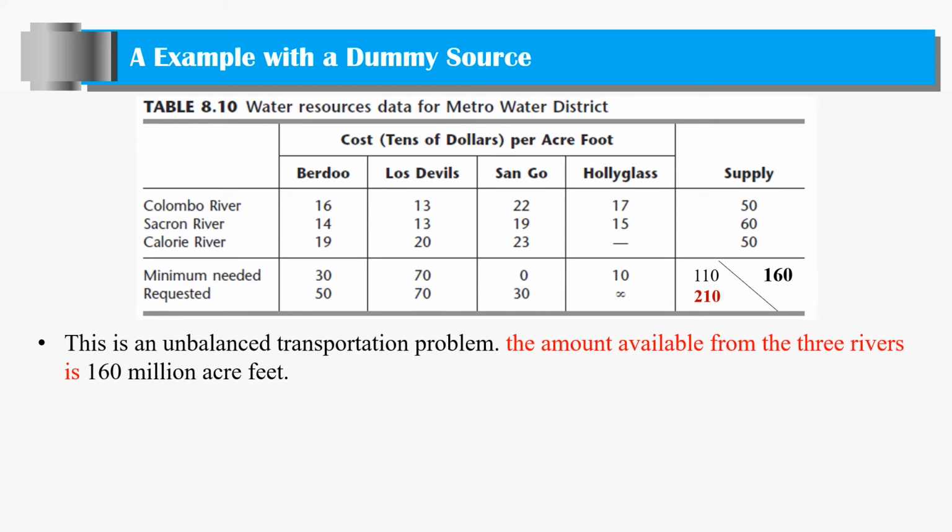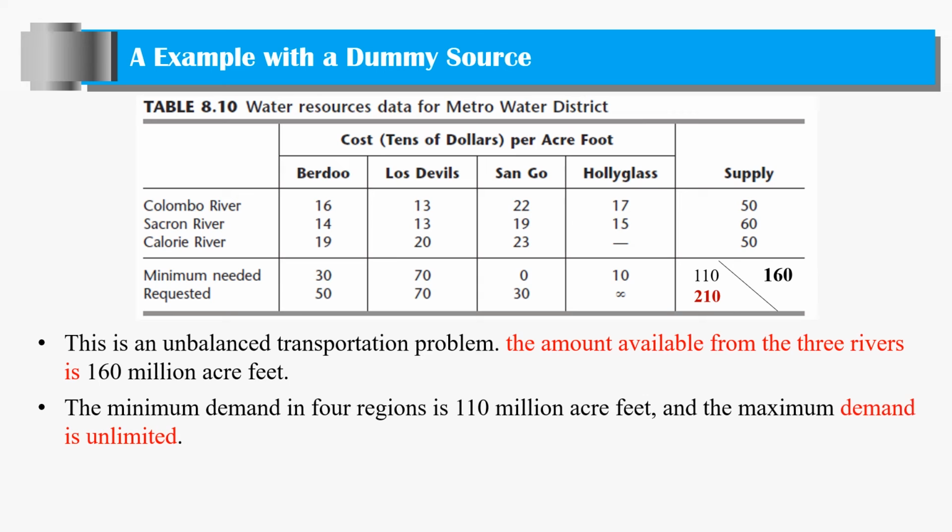This is an unbalanced transportation problem, as we can calculate that the total supply, with the sum 50, 50, 60, equals 160. And the minimum needed is 110. The maximum demand is unlimited, because here we have unlimited, infinite. So the maximum demand is unlimited.